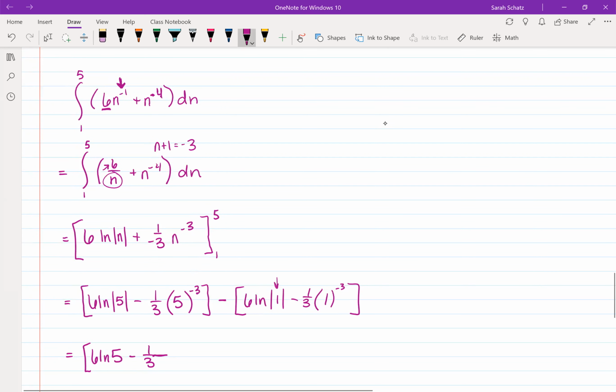We can stick it on the bottom and call it 5 cubed. So over here, we have 6 times the natural log of 1. Now, 1 to the -3 is the same as 1 taken to any power, right? This is just 1. So really, this is just -1/3.